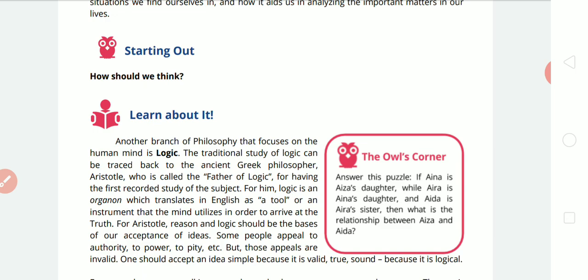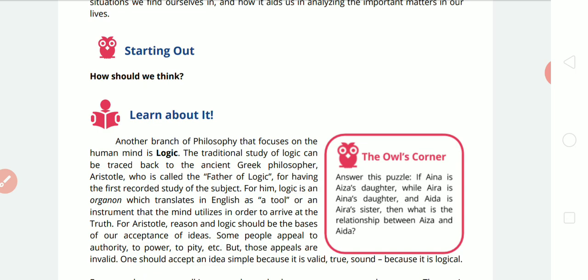Aristotle is called the father of logic, with that particular description attached to him for having the first recorded study on the subject.